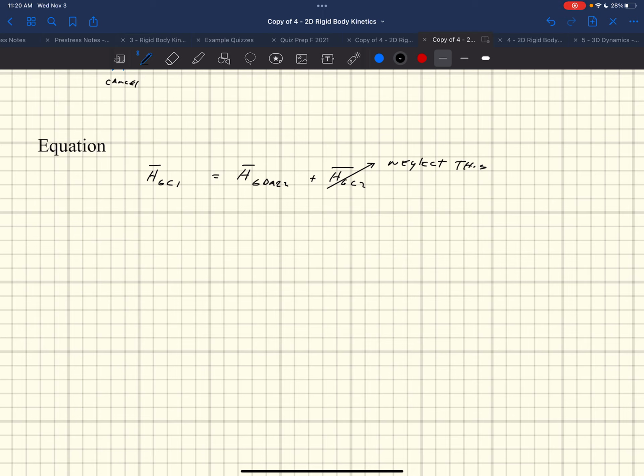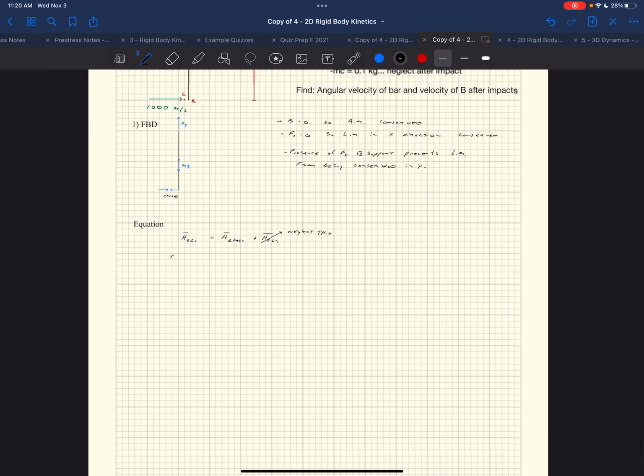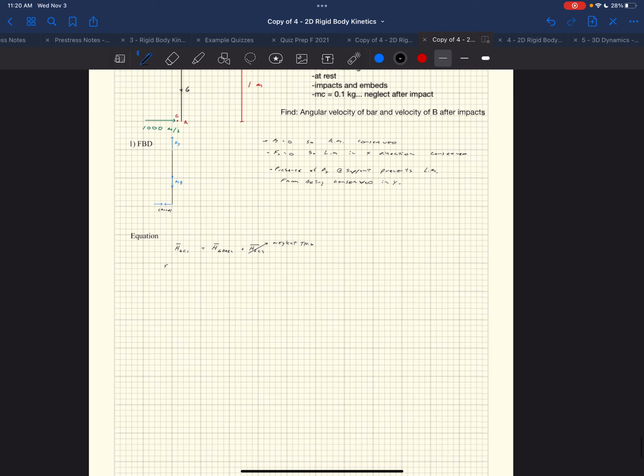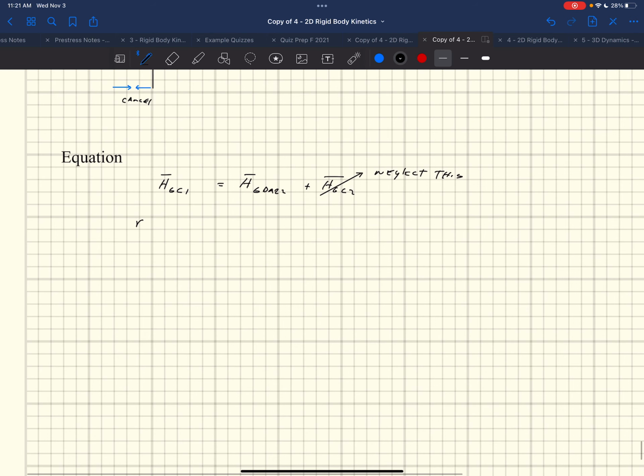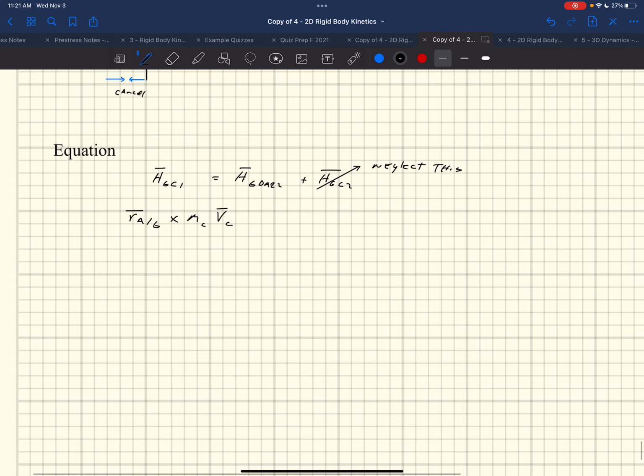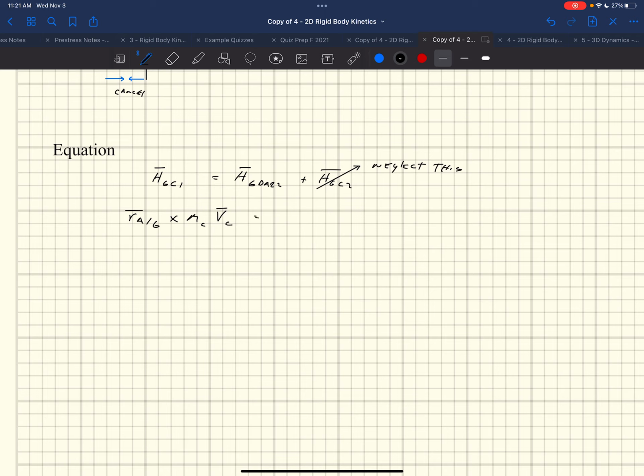Okay, so then we'll expand this. The thing coming in is a particle. So we say we're doing it about the mass center, and the particle is down there. RA as seen from G crossed with MC times the velocity is equal to IG times omega.